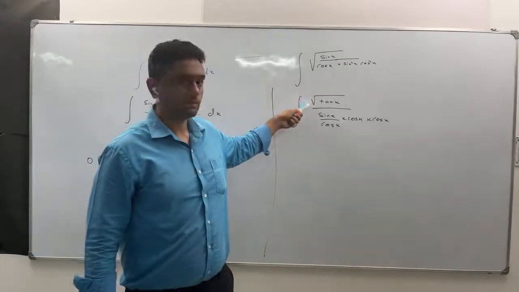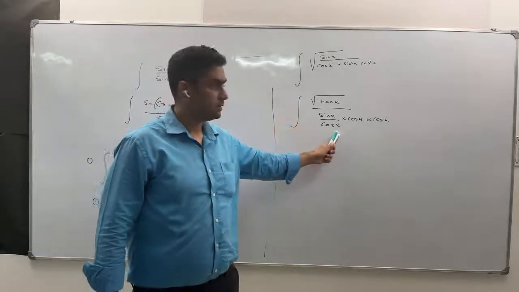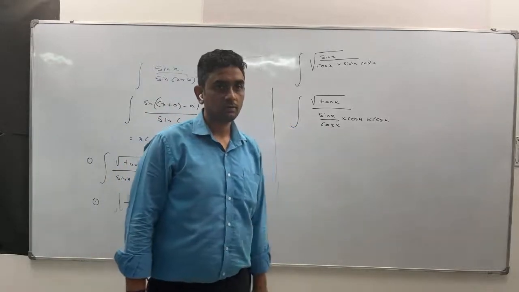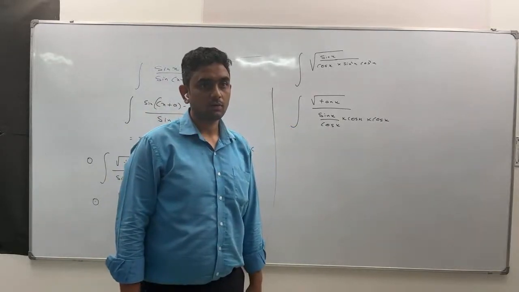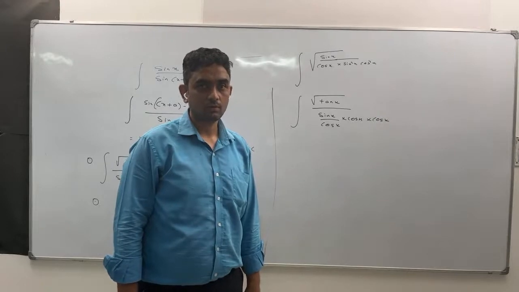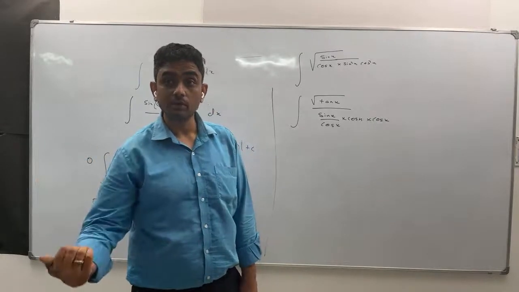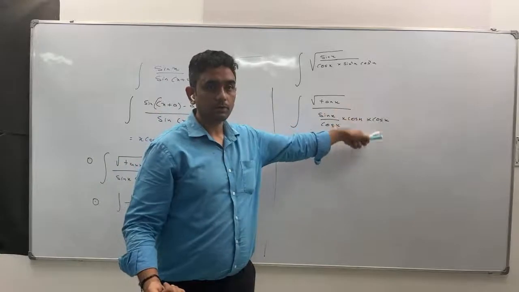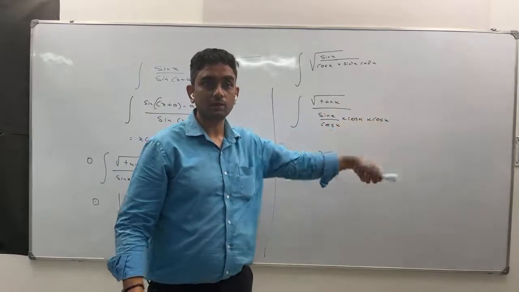Now, what is this? This is 6 cos square x, right? And cos square is in the denominator. It is like denominator, right? So numerator will come as 6 square. Now, can you solve it?